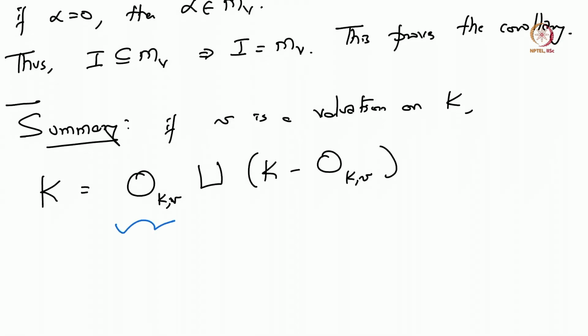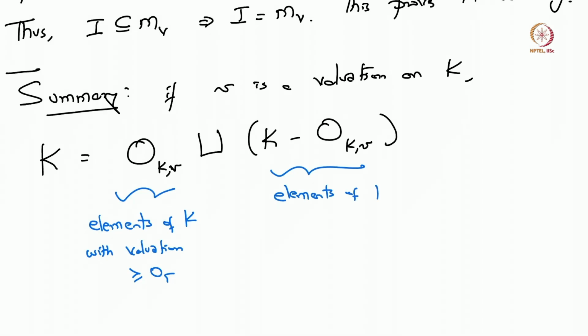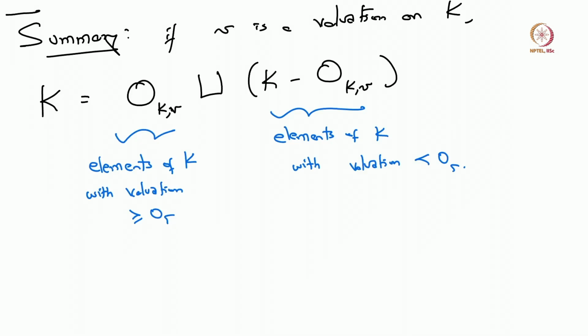Now all the elements in the valuation ring are characterized by the property that these are elements of the field with the property that its valuation is larger than or equal to the identity element of gamma, and everything that's in the field but not in the valuation ring is characterized by the property that these are elements of the field with valuation strictly less than the identity element of gamma.